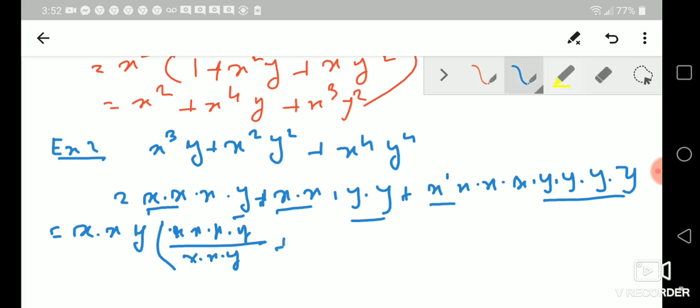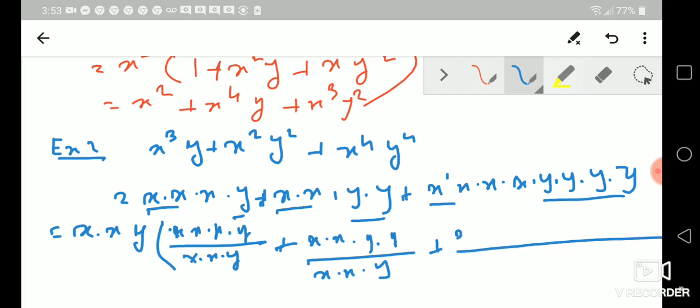And the second one will be x dot x dot y dot y, divided by x dot x dot y. Whatever we are multiplying with, we are dividing by the same thing, so it will balance out, it will cancel out. So that's what tells us that we are not changing anything in the equation. And this one will be x dot x dot x dot x dot y dot y dot y dot y, and we'll be dividing by x dot x dot y.